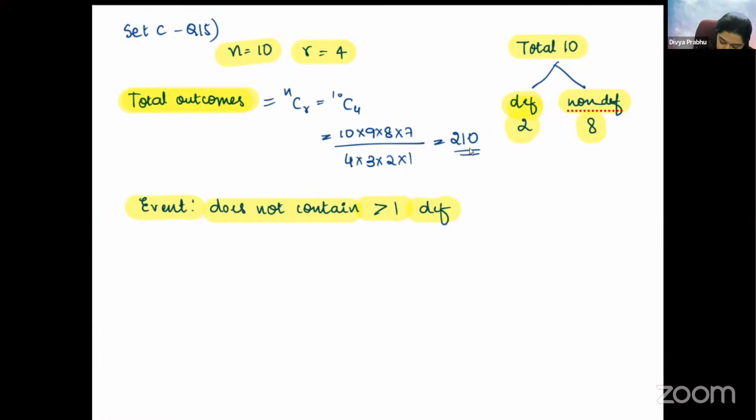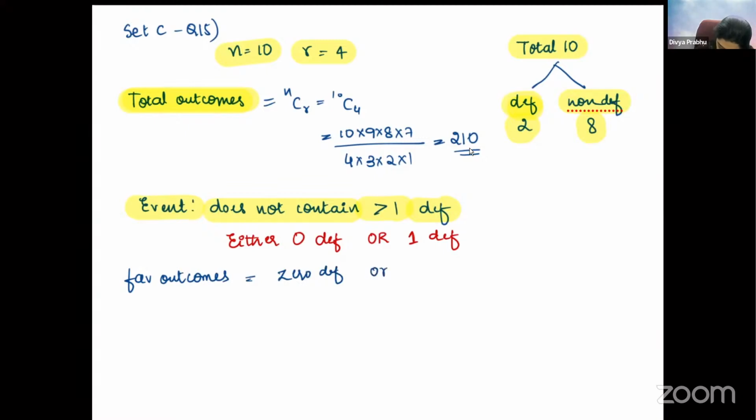Maximum 1 defective means it should have either 0 defective or 1 defective. Now let's break this down. Favorable outcomes equals 0 defective or 1 defective. This is what is needed.